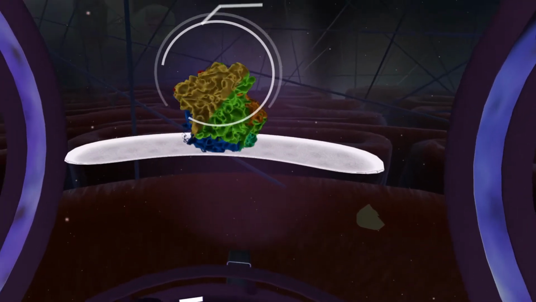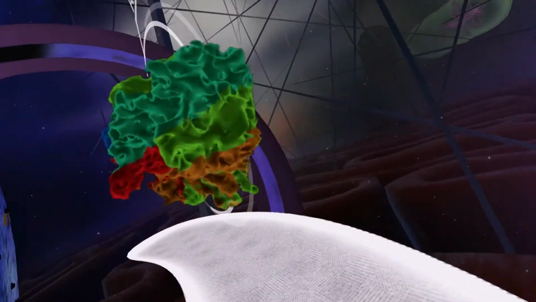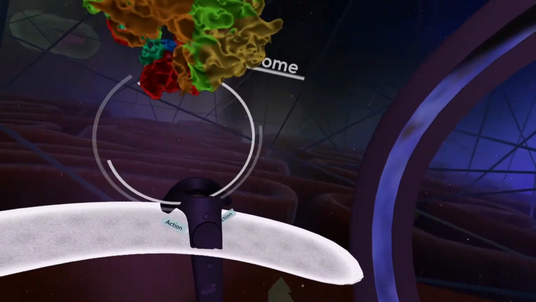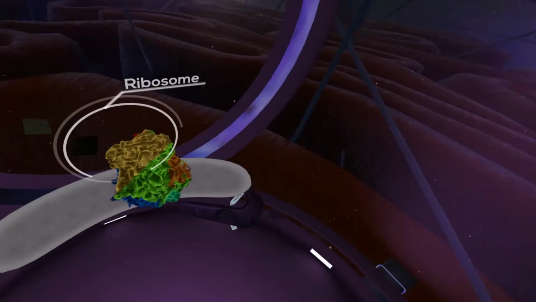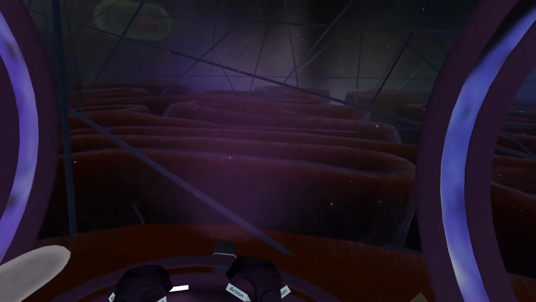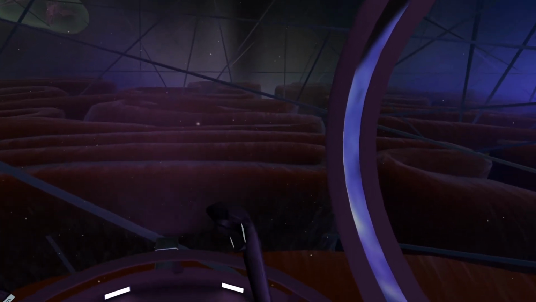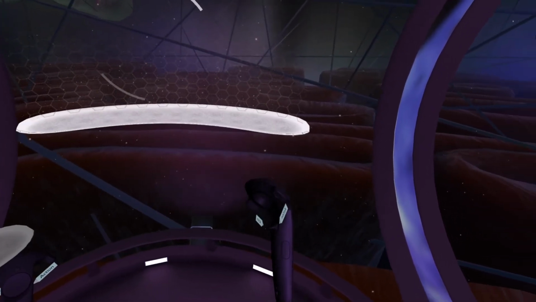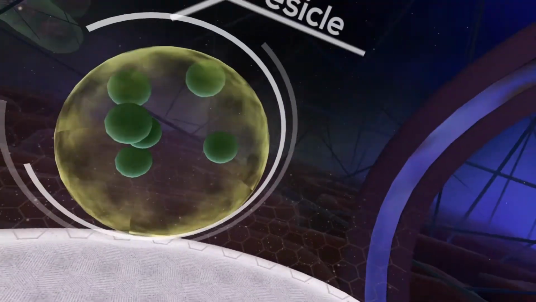Studded with ribosomes, the RER maintains a vital role in protein synthesis. Ribosomes link together amino acids, following the instructions received from the RNA. The protein is then transported in a vesicle made from a portion of the RER's membrane.